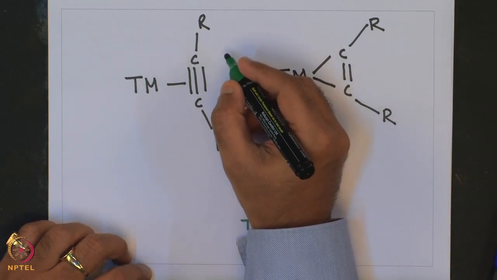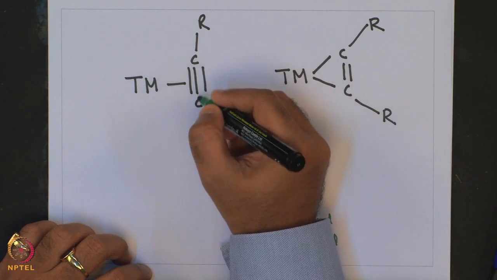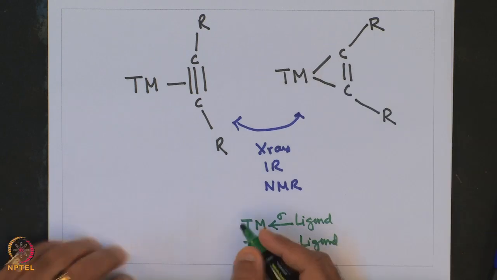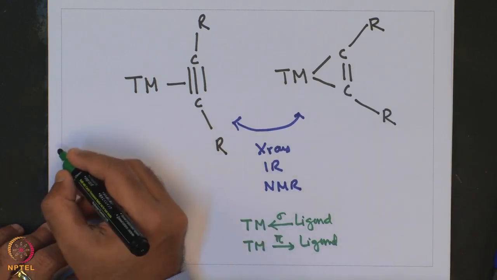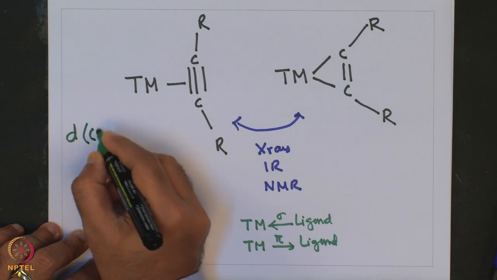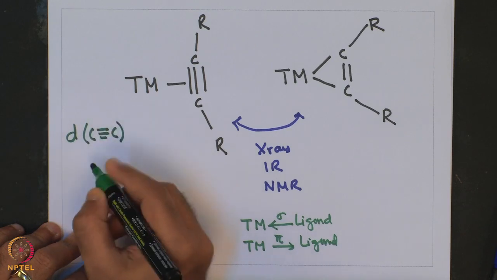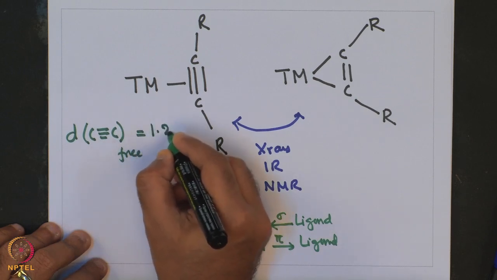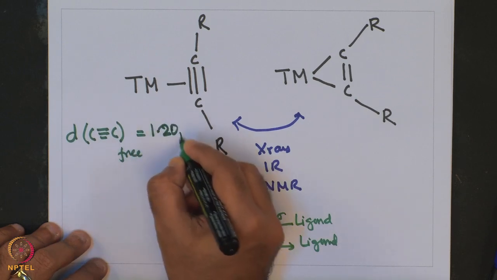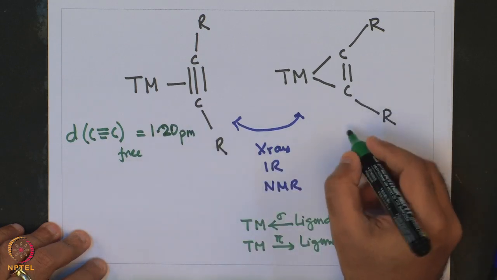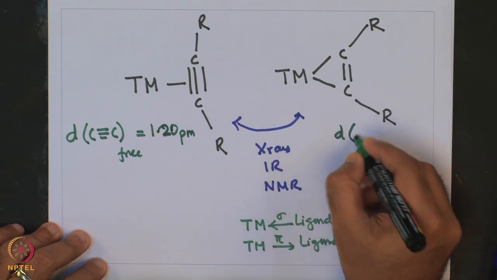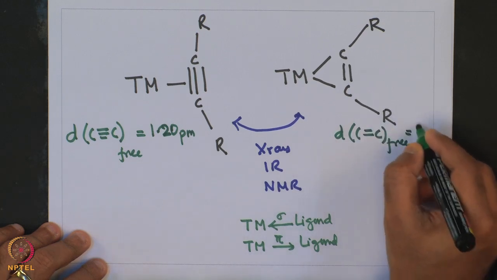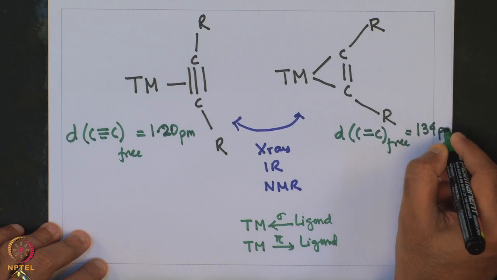So, this has more C triple bond C character, whereas this has more double bond character, and to compare the bond lengths, for example, in free acetylene it is 120 picometer, whereas for free ethylene this distance is 134 picometer.